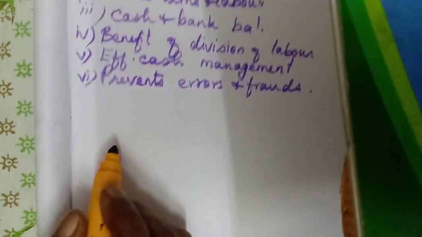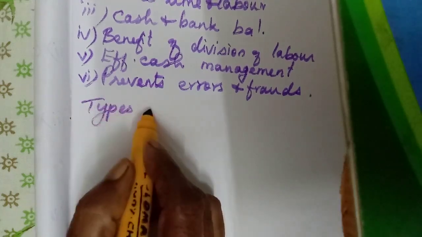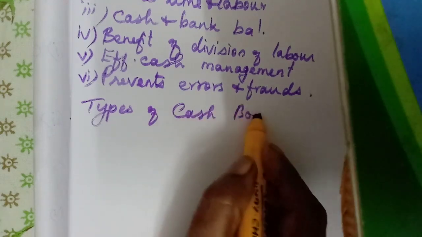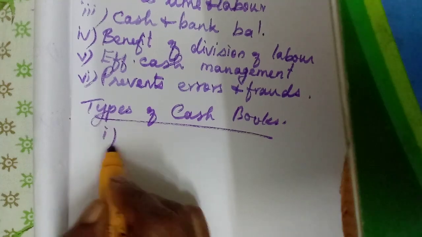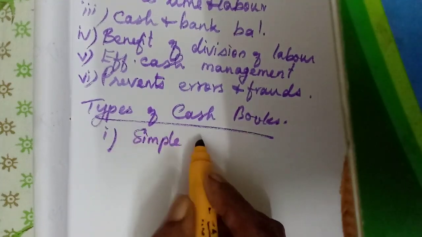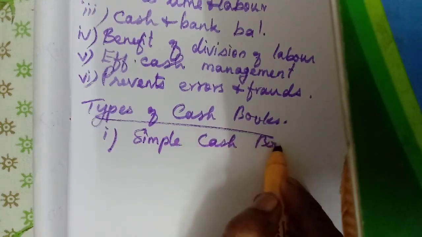Now we will learn the types of cash book. Three kinds of cash books are available. The first one, simple cash book or single column cash book.